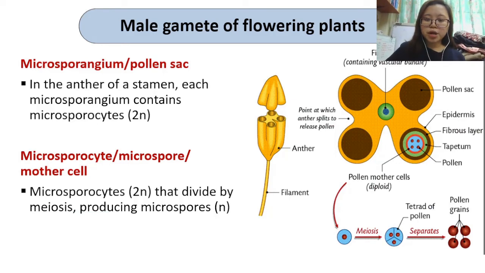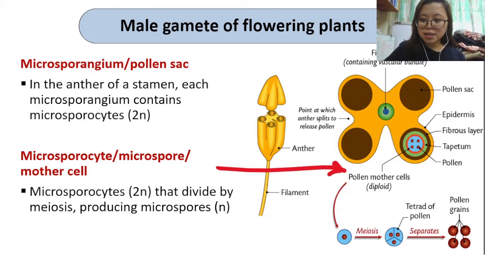Inside the microsporangium are microsporocyte ataupun kita boleh gelar dia sebagai microspore mother cell. These are diploid cells that divide by meiosis and thus producing microspores, haploid.